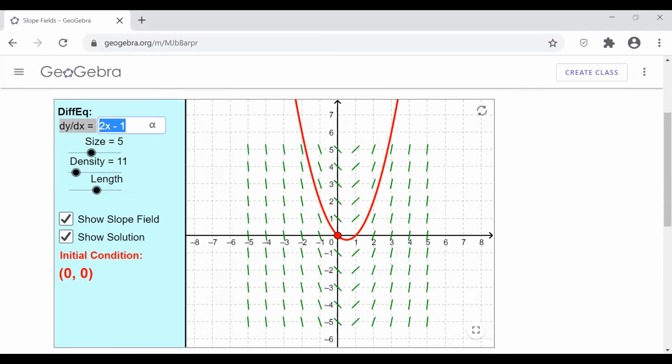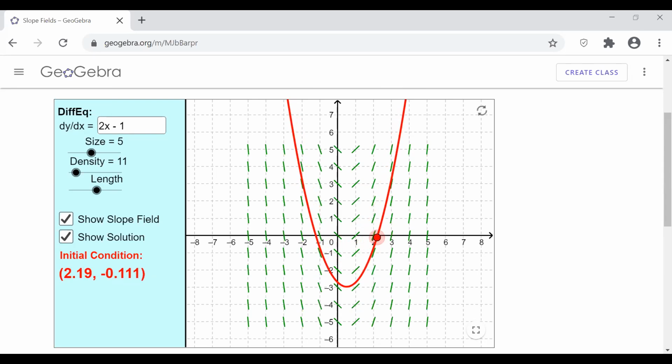And we can show the slope field without the solution. And then if we want to show the solution passing through the initial point, which is at the point 2, 0, just move the ordered pair over to the initial point, 2, 0, and the red curve will show the particular solution passing through that initial condition.